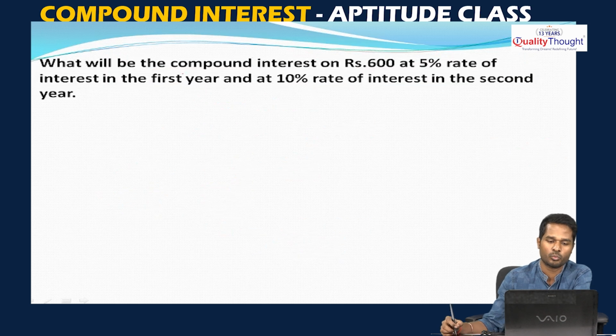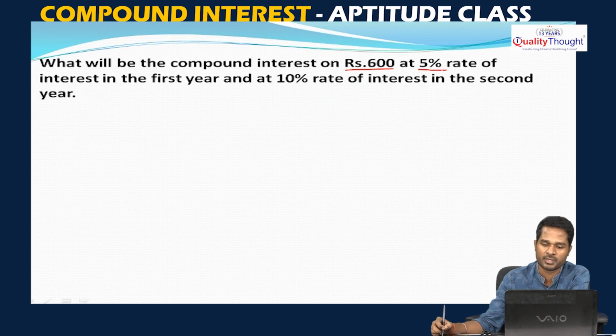See the next question: what will be the compound interest on 600 rupees at 5% rate of interest in the first year and at 10% rate of interest in the second year? There is a sum of 600 rupees. On this the interest is calculated 2 times, that is compound interest.